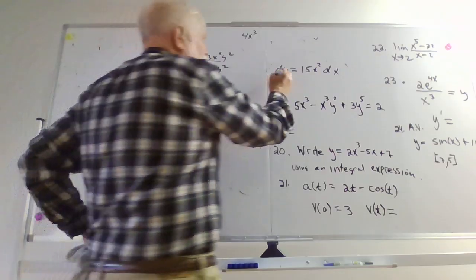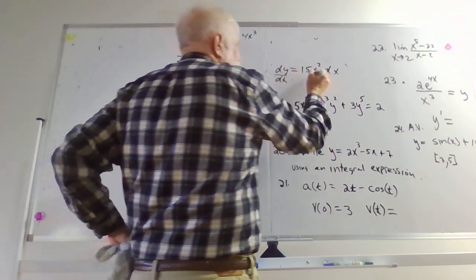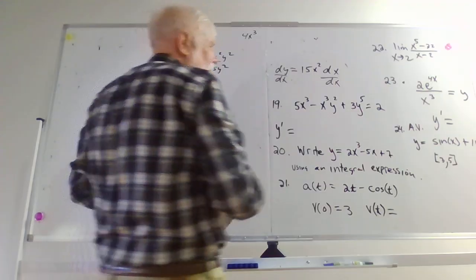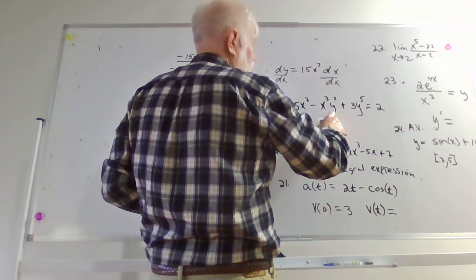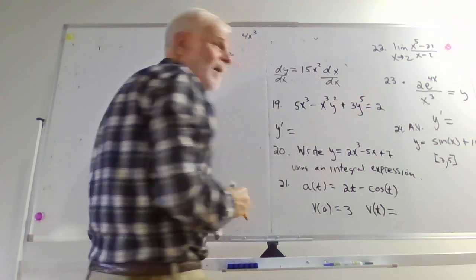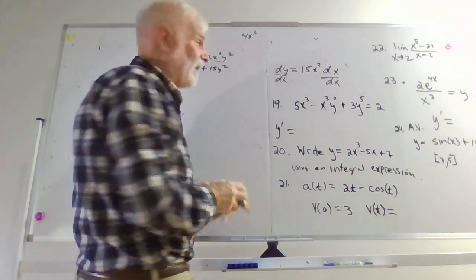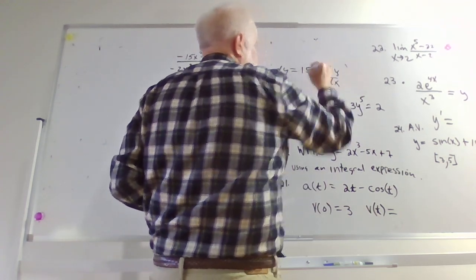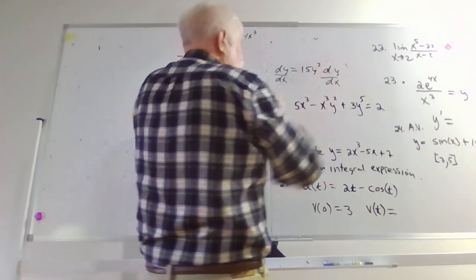And so if I want dy dx, I divide both sides by dx, well, that's going to disappear. Whereas if I have y squared, I've got a change in y in order to analyze that. I'm going to end up with a dy. If I had something like that, I'm going to end up with the derivative.